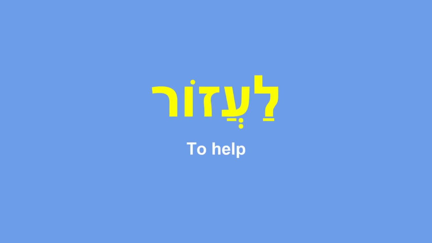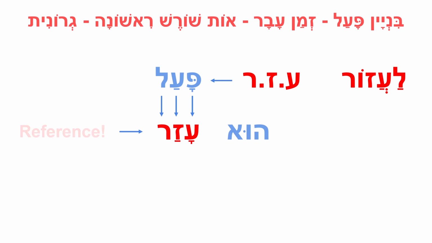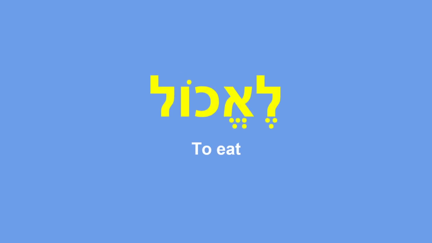La'azor, to help. La'azor contains the root letters ayin, zayin, resh. Let's place the root letters into the name of the binyan, which is pa'al, and find the reference point, hu azar. And it is the reference point. This is what we start with. Hu azar, he helped. Le'echol, to eat. Le'echol contains the root letters aleph, chaf, lamed, and it belongs to binyan pa'al.